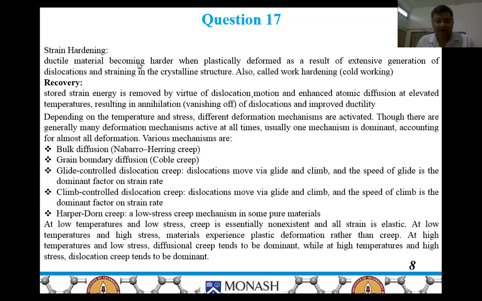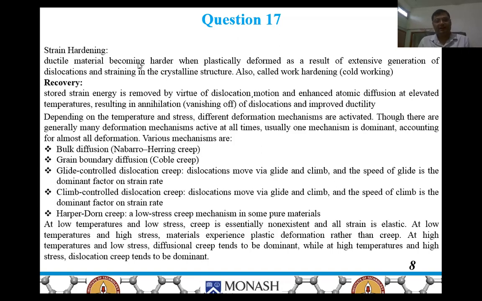Fourth is climb controlled dislocation creep, where dislocations move via glide and climb, and the speed of climb is the dominant factor on strain rate. And the fifth one is Harper-Dorn creep, a low stress creep mechanism in some pure materials.